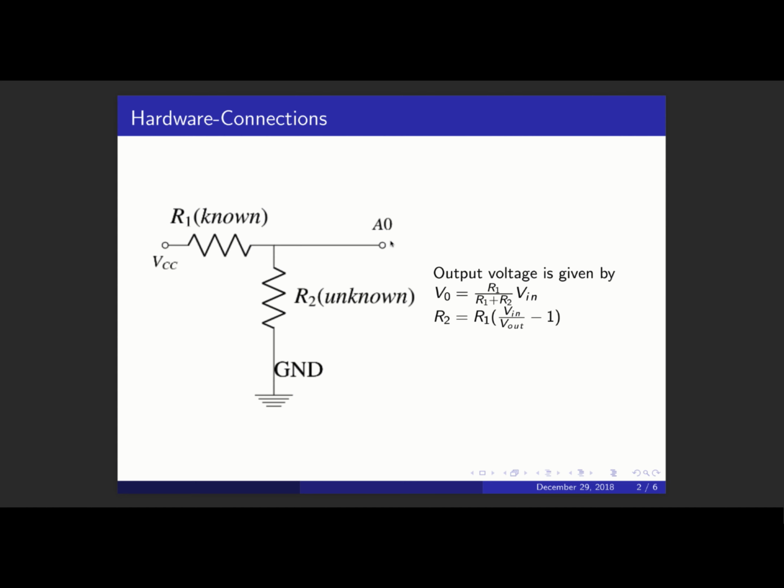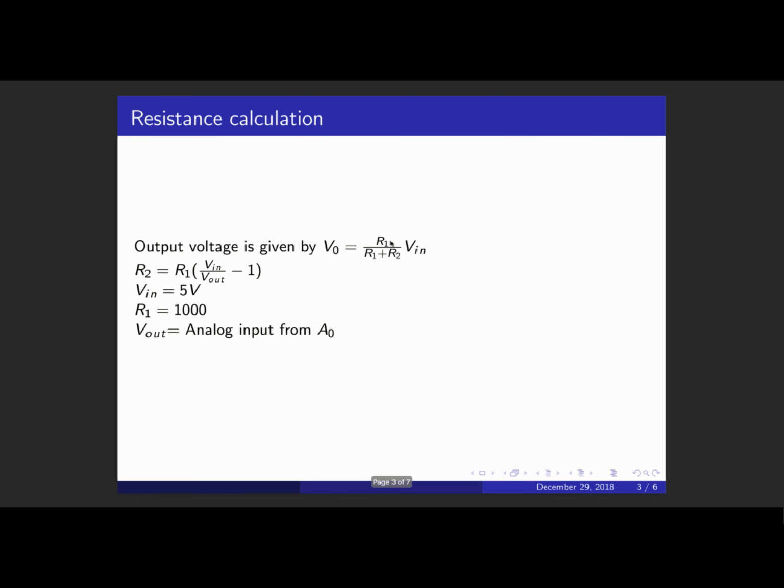So R2 will be R1 into V in by V out, minus 1. These are the equations we will be using for the calculation. V in will be the 5 volts given from the Arduino board, and R1 I am using is a 1K resistance.